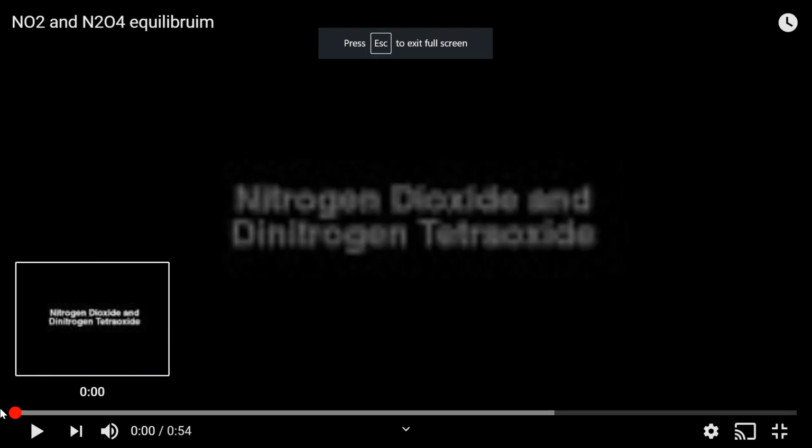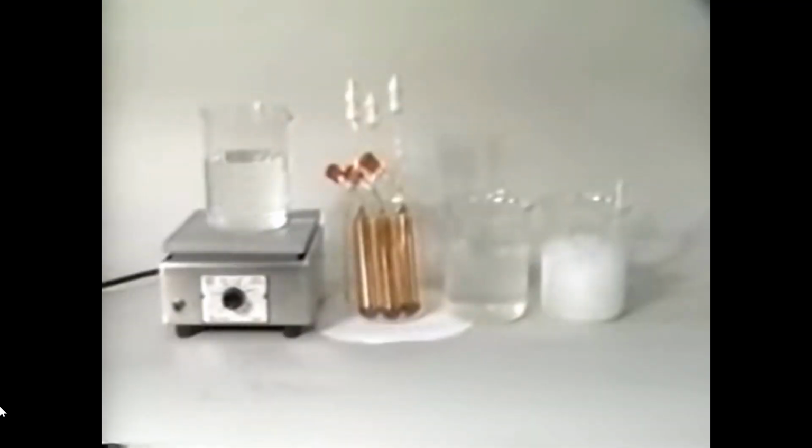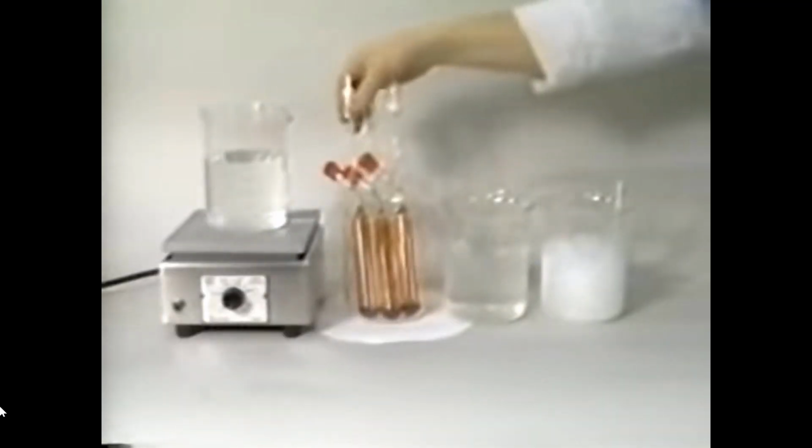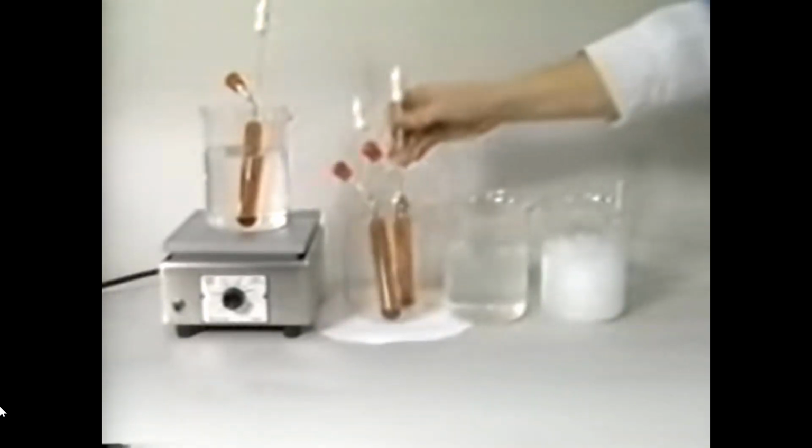We start this experiment with 3 tubes containing red-brown NO2 and colorless N2O4 in equilibrium. First, one tube is placed in hot water. A second tube is placed in cold ice water.